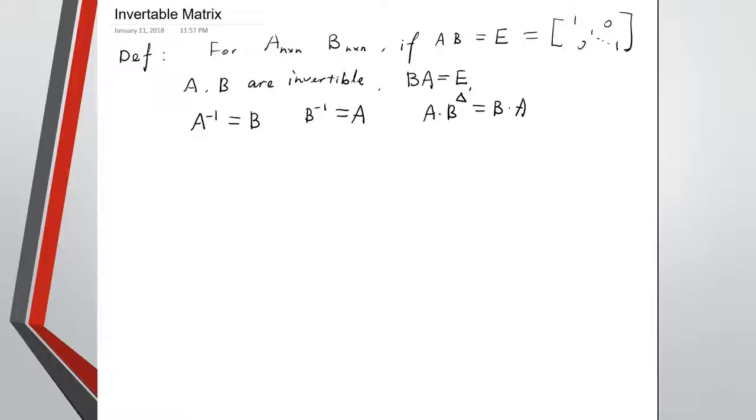Alrighty, so that's the definition of the invertible matrix. And in the following, we're going to talk about the properties of this division operation, just like we talked about the properties of multiplication and subtraction in our last lecture. So let's look at the properties.